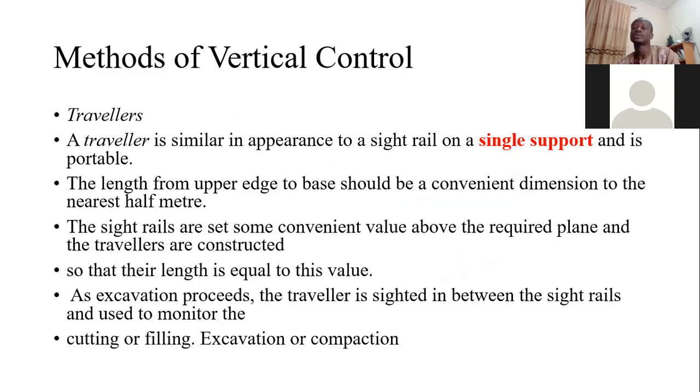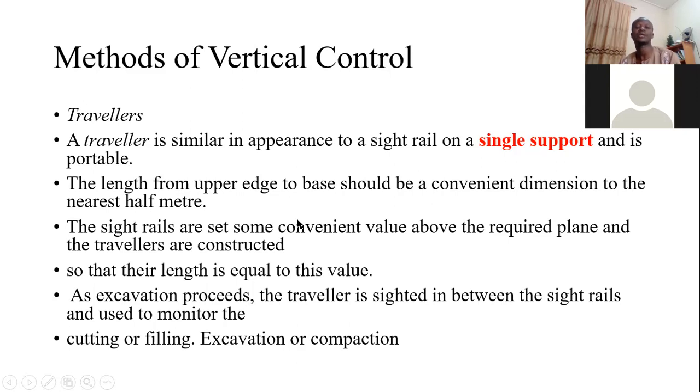So I think this is like English language, your ability to now describe something called a traveler, and you need a lot of imagination as well. The length from upper edge to the base should be a convenient dimension to the nearest half meter. So that's just another English language for you right there.